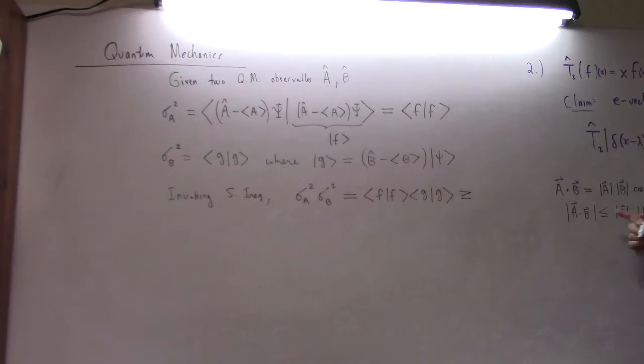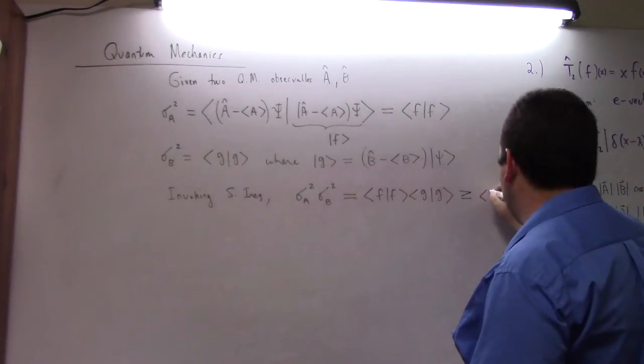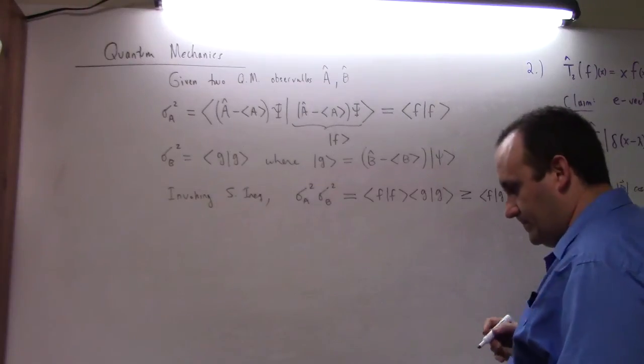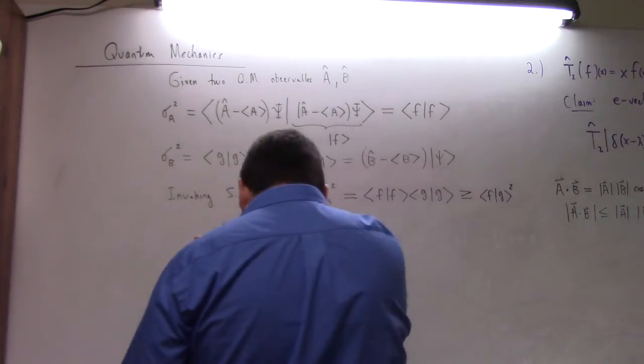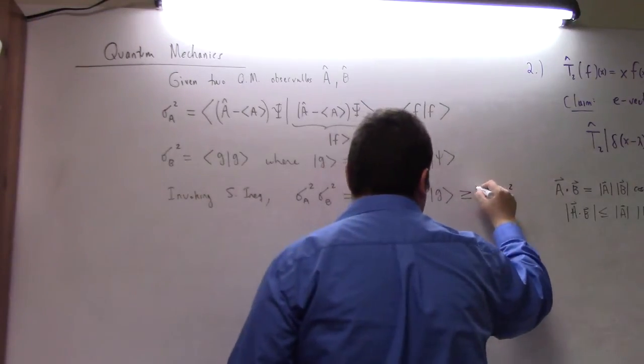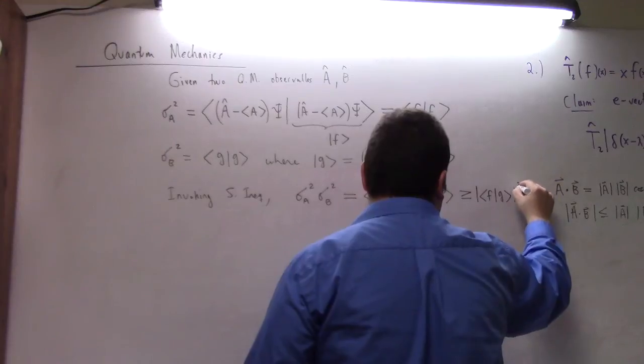So if you square both sides of this, that gets us closer to what we're using over here. So the length of A squared would be like the inner product of F with F. The length of B squared would be like the inner product of G with G. And then what we're about to put over here is that's larger than the inner product of F with G squared. Although more to the point, it's larger than the magnitude of that inner product squared. All right, there we go.